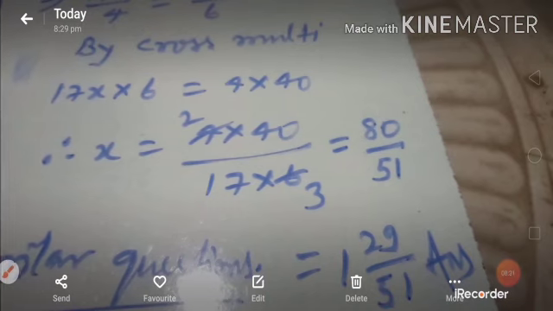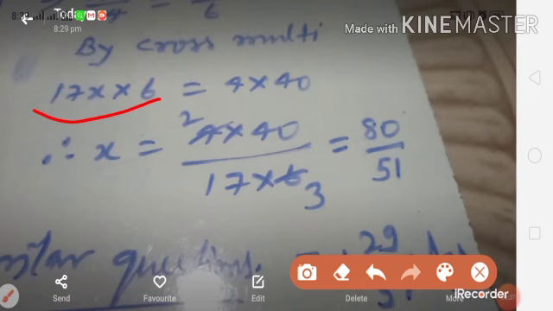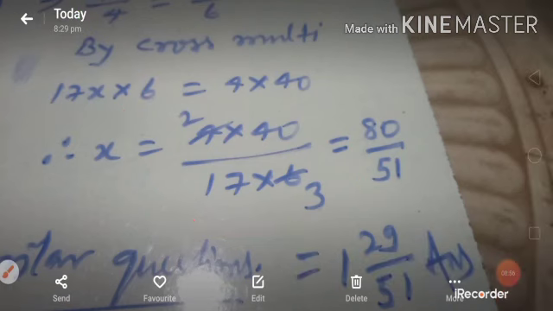So the value of x: here you see that 17 and 6 are multiplied with x, so we write them in division on the other side, we cancel it by 2, and at last we find 80 by 51. When we change into a mixed fraction we find 1 whole 29 by 51.